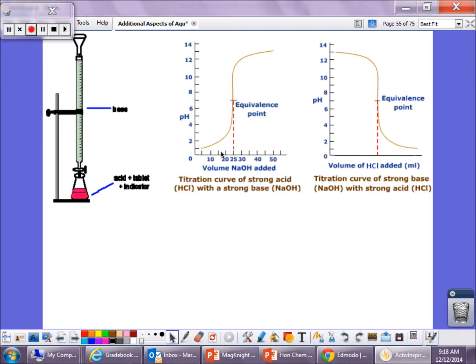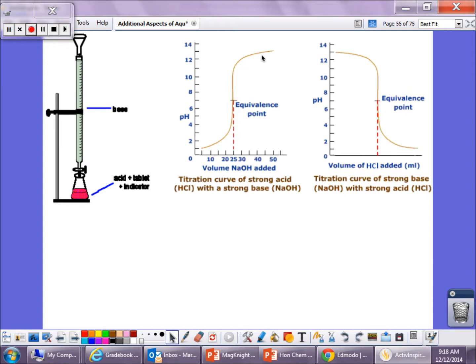All right, and then when you have that very drastic change in pH, you have that vertical line. To find the equivalence point, you go exactly midway up that vertical line. So you have that big jump in pH.